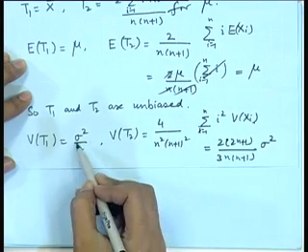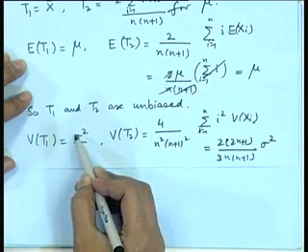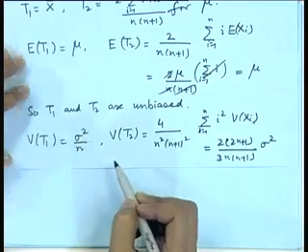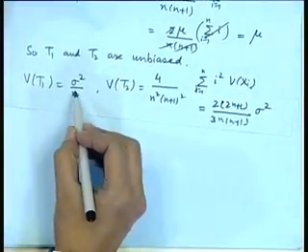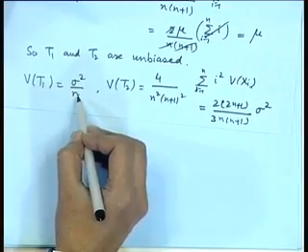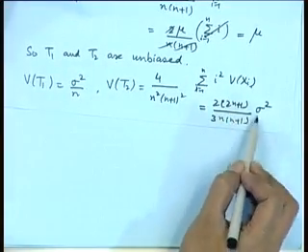Now, the question is that we can also check the consistency here. For example, both of them are unbiased, and the variance of T1 goes to 0 as n tends to infinity. The variance of T2 also goes to 0 as n tends to infinity.